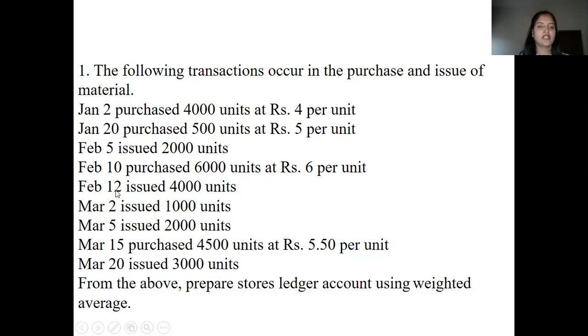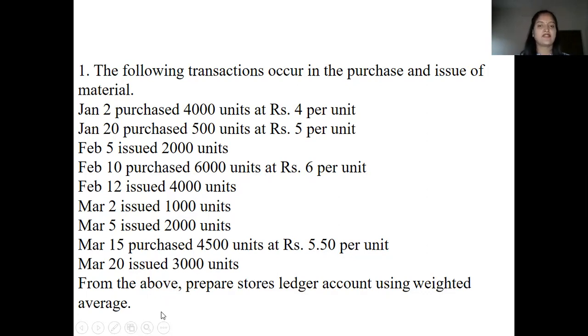On February 12th, issued 4,000 units. On March 2nd, issued 1,000 units. On March 5th, issued 2,000 units. On March 15th, purchased 4,500 units at rupees 5 per unit. On March 20th, issued 3,000 units. From the above, prepare the stores ledger account using the weighted average method.